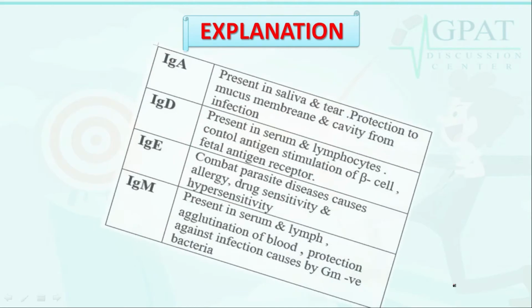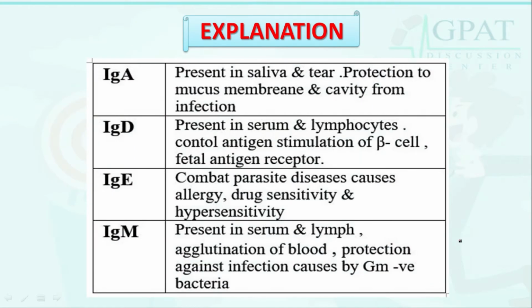Now let's talk about the antibodies. IgA is present in saliva and tears, and its main function is protection of the mucous membrane. Sometimes the question may arise, what is the function of IgA? The correct answer is to protect the mucous membrane and cavity from infection. And what about IgD?